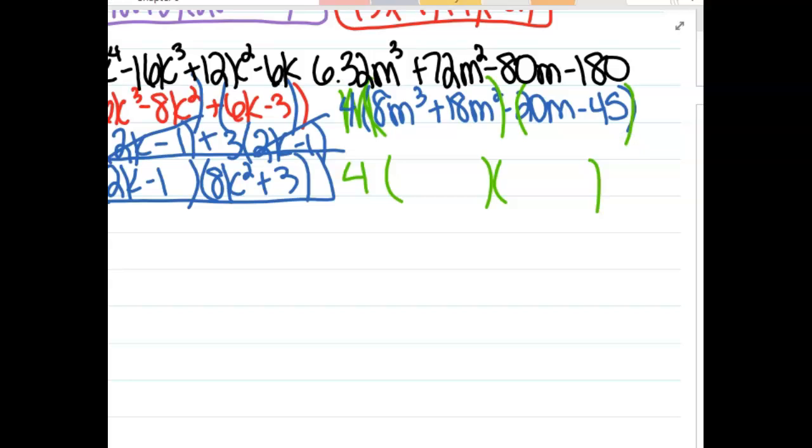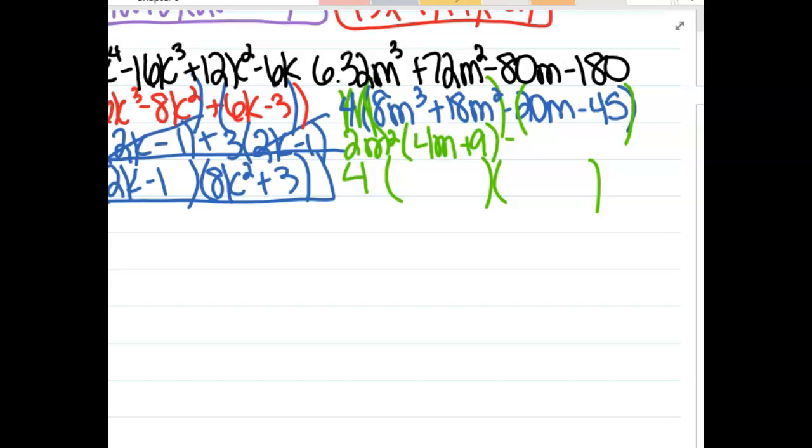8m cubed and 18m squared, what do they have in common? 2, what else? m squared, 2m squared. So when I factor out 2m squared, we should get 4m plus 9. I drop down a minus sign. Remember what the big deal is, right? Already thinking ahead here.